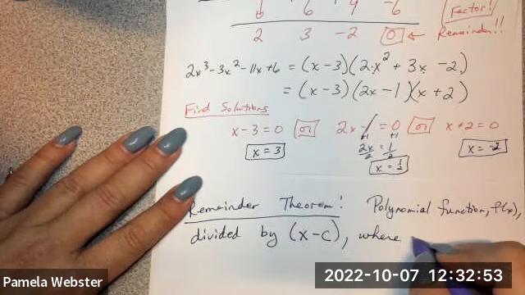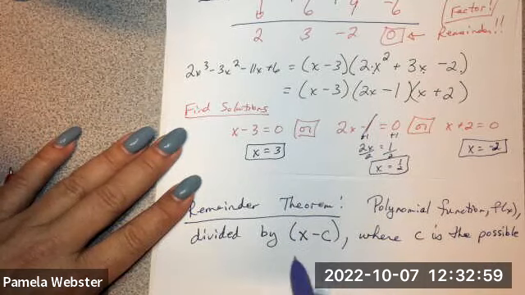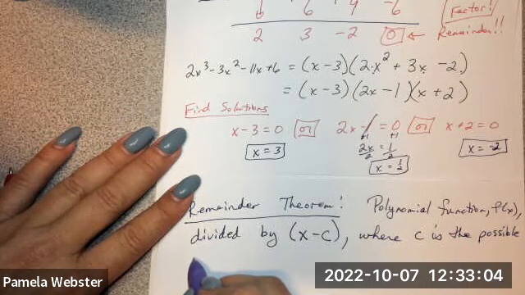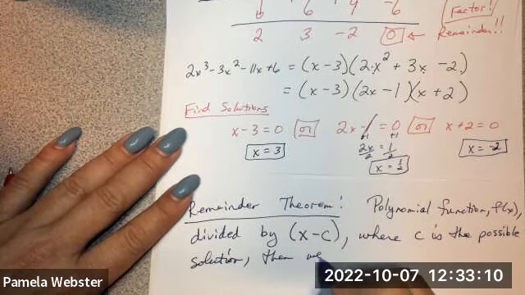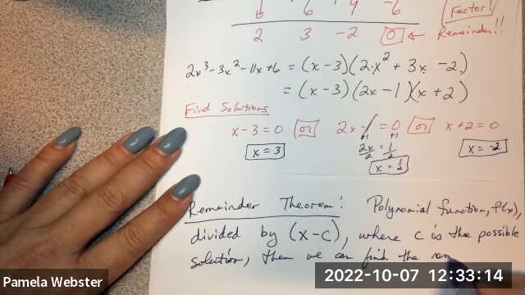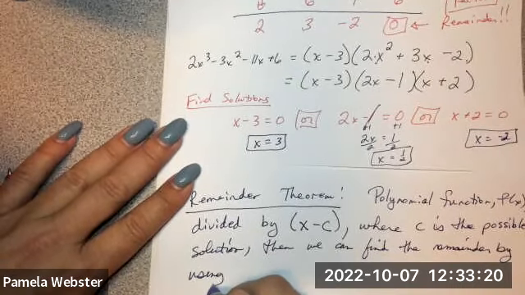Where c is the possible solution. Because if I solved this, I would have x equals c, right? If I set that equal to 0 and solved it, okay? Where c is the possible solution, then we can find the remainder by using f of c.